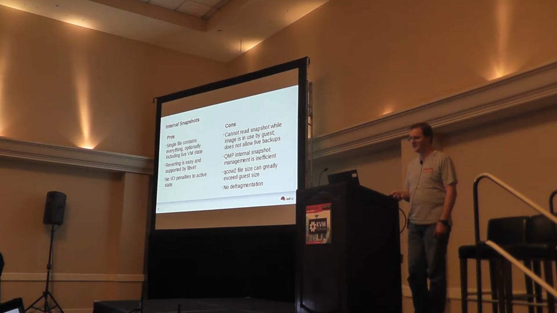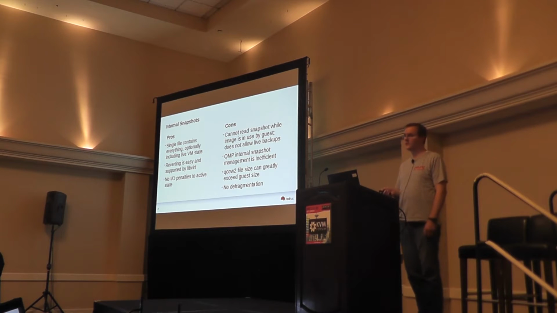qcow2 size: if you use a lot of internal snapshots, your host file can exceed the size that the guest sees by a factor of however many snapshots you take, as your snapshots start to diverge and your clusters have to be cloned. Your file can grow quite large.